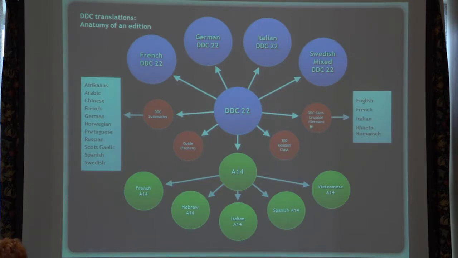And then the Germans, when they did their DDC 22, they also took a different look at the top levels of the DDC and took classes, some from subordinate levels, that they needed to organize the national bibliographies of Germany, Switzerland, and Austria.